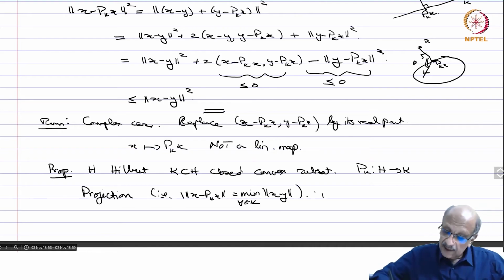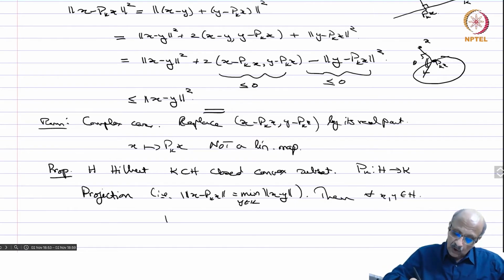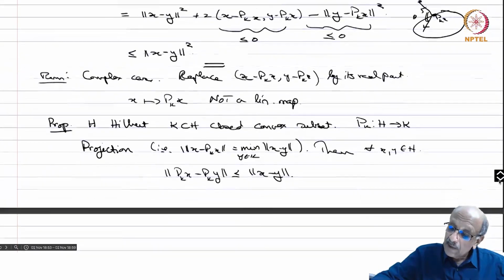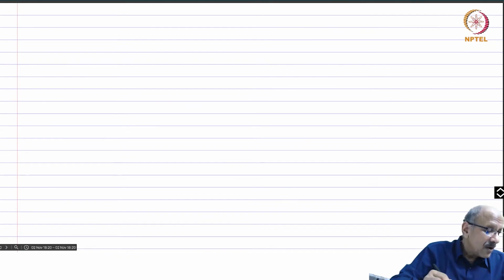Okay, then for all x, y in H, you have norm of P_K x minus P_K y is less than or equal to norm of x minus y. So it is a non-expansive mapping. Okay, so this is a non-linear map in general, and it is a non-expansive mapping. Okay, so proof.